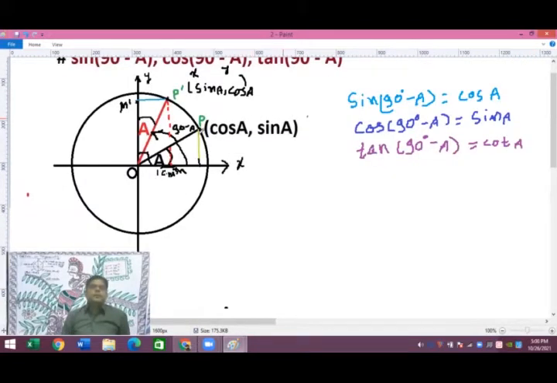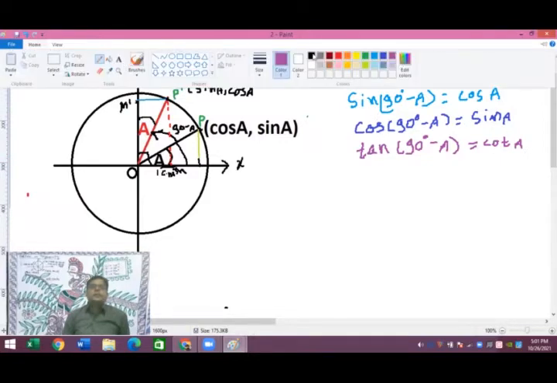We saw that in the first quadrant, sin(90° − A) equals cos A, cos(90° − A) equals sin A, and tan(90° − A) equals cot A. And similarly you can check for their reciprocals also.